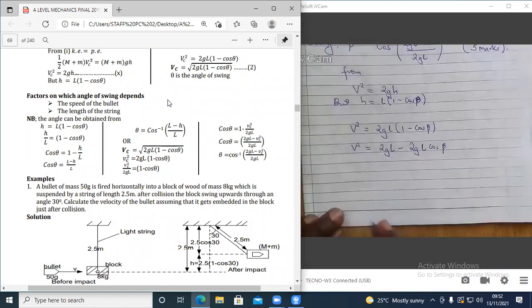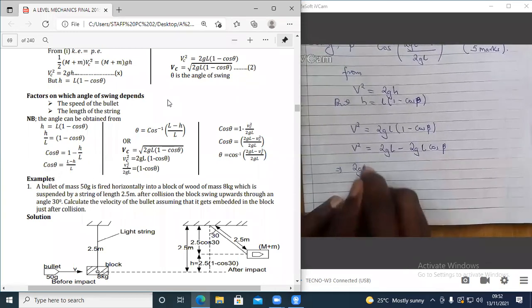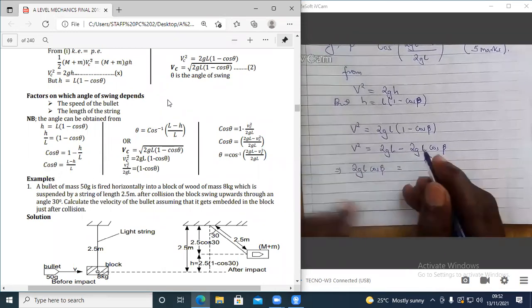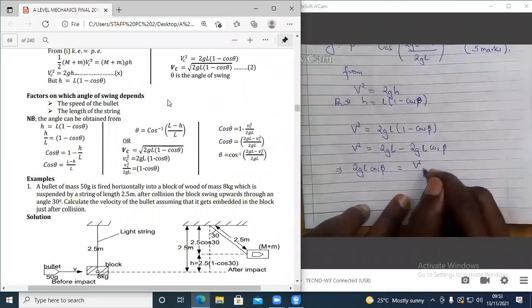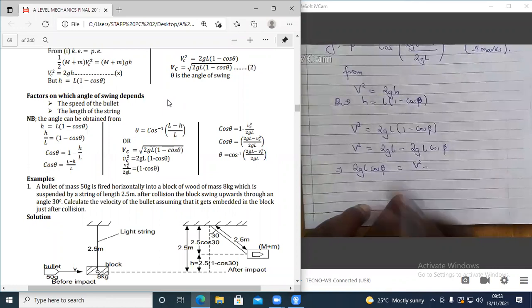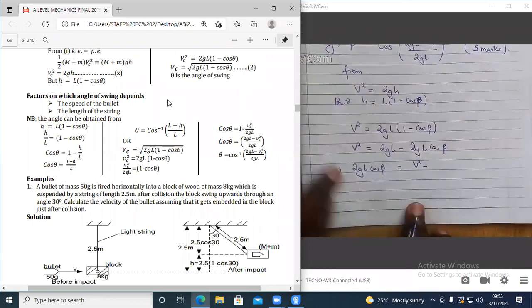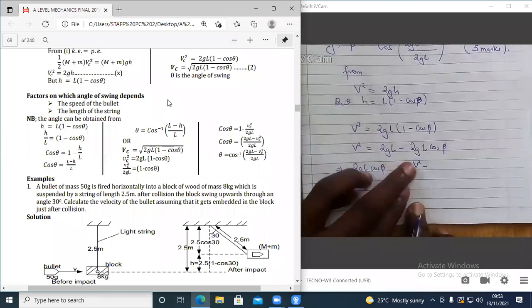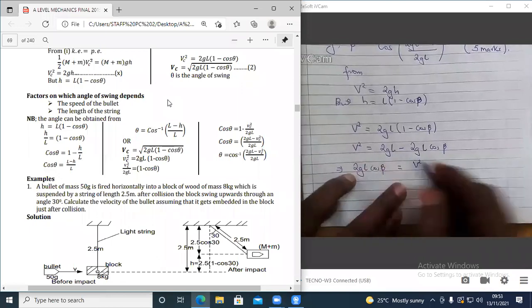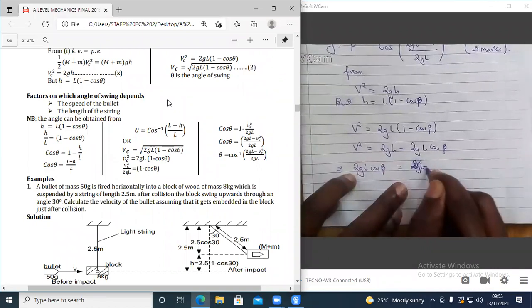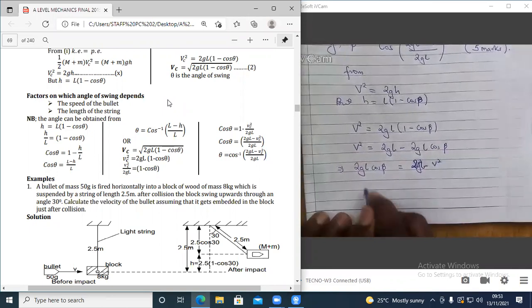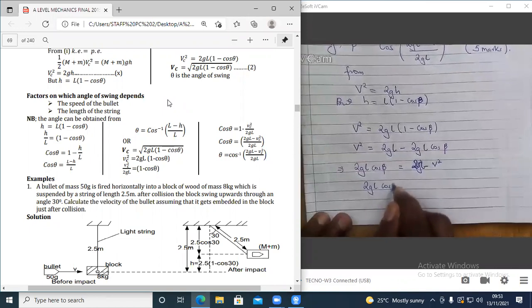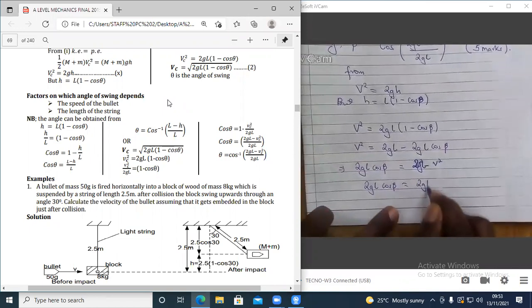So 2gL cos beta is equal to 2gL minus v squared, because I'm taking this one and then taking that to the other side. So 2gL cos beta is equal to 2gL minus v squared.